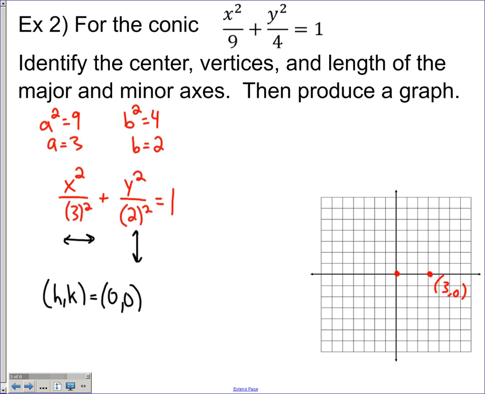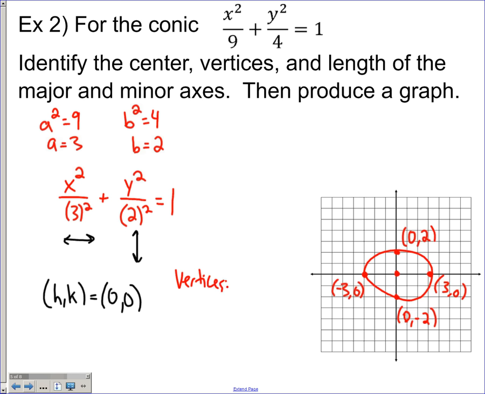We're also going to go 3 to the left and label that point negative 3, 0. Our minor axis, B, is a distance of 2, so we're going to go up 2, and down 2 from our center, and that will give us the shape of our ellipse. We'll label the rest of those 0, 2, and 0, negative 2.